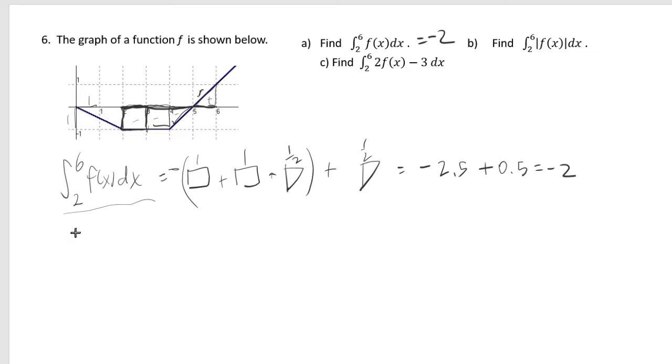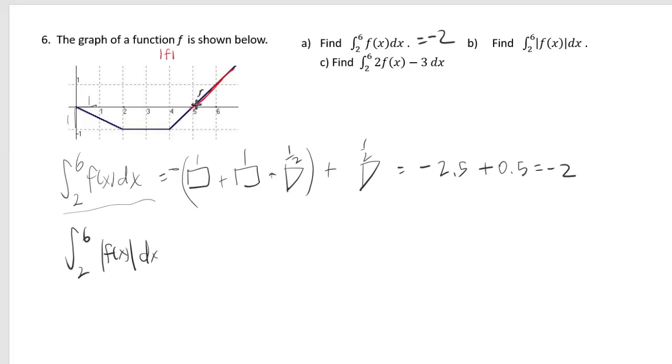Now what if you do the integral, but this time you take the absolute value of f of x? Well, for this you have to think about what the graph would become if you put an absolute value. The absolute value of f of x will be the same as f if it's already positive, but if it's negative, the absolute value makes it positive.